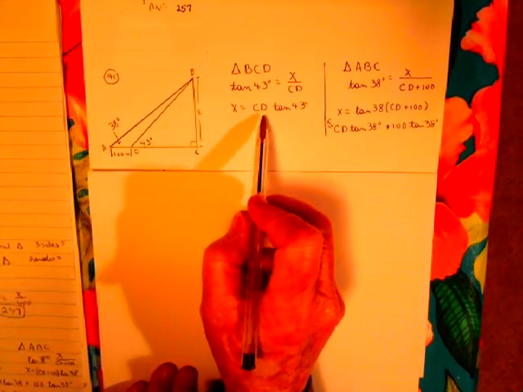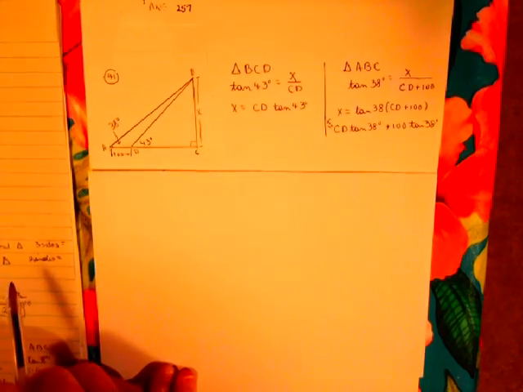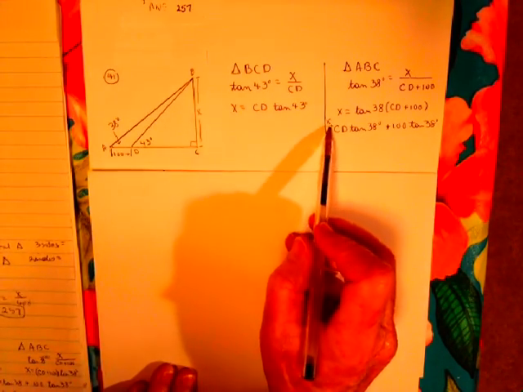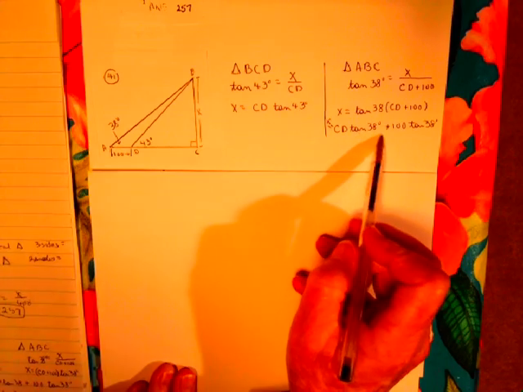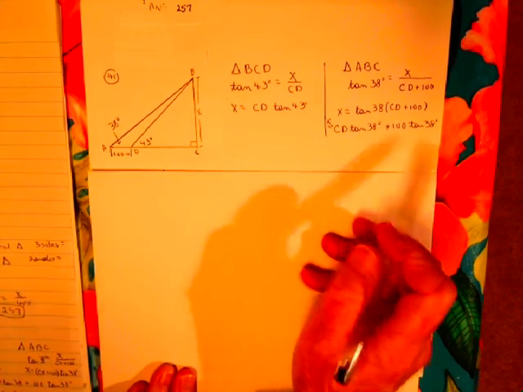So I have x equals CD times the tangent of 43, and that same x equals CD times the tangent of 38 plus 100 times the tangent of 38.